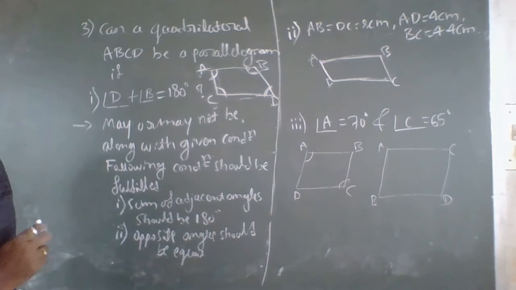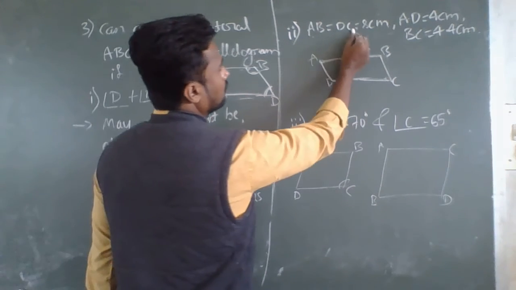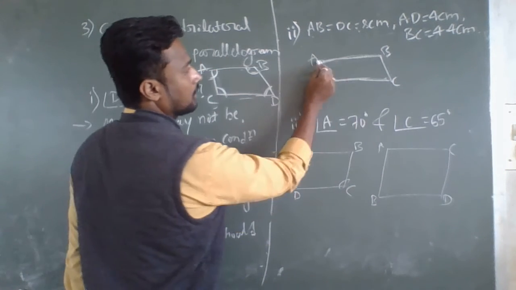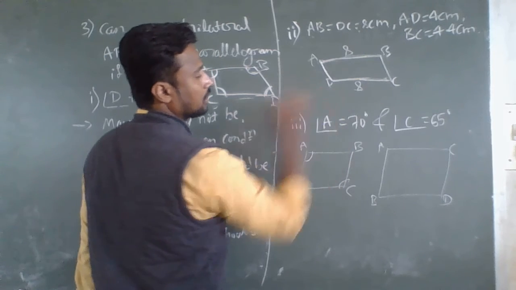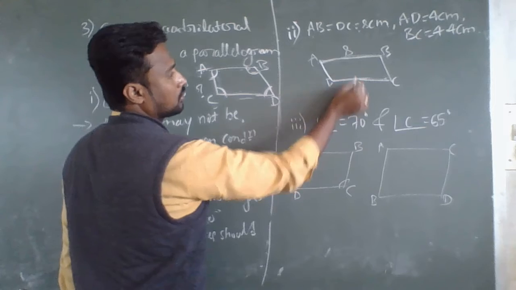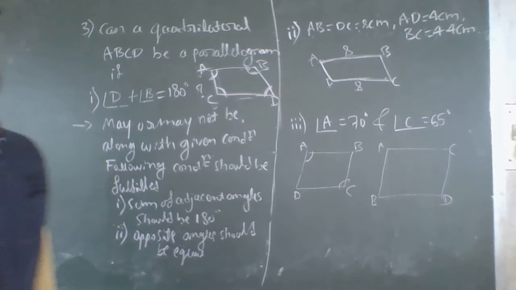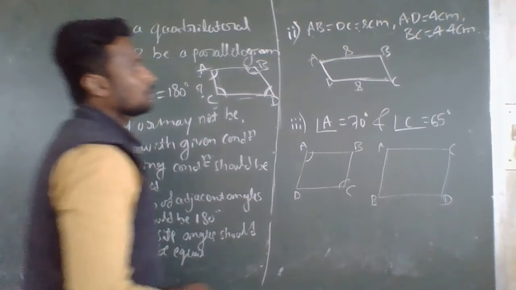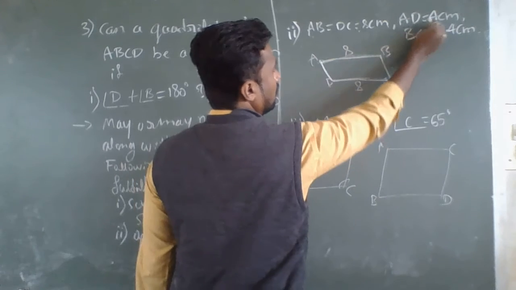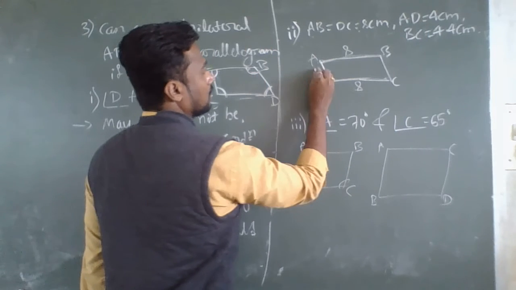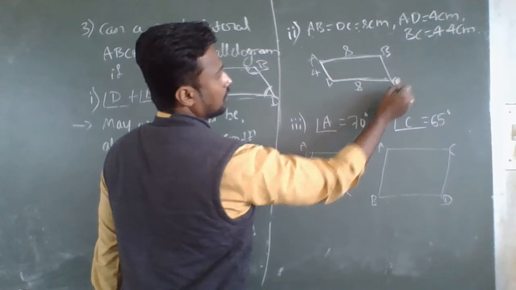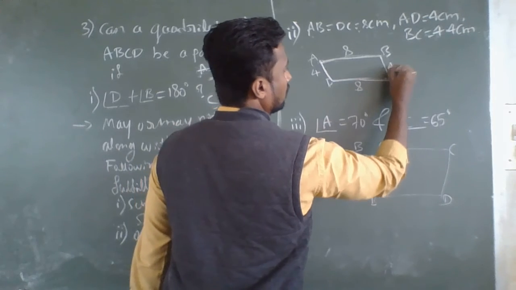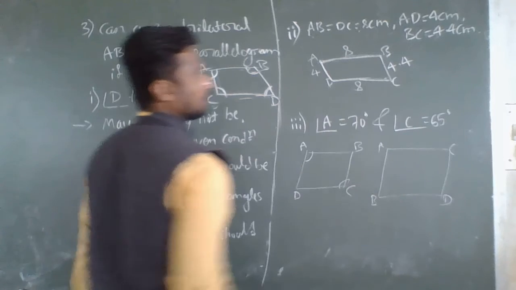Now we will check whether this is a parallelogram or not. What is given here? AB is equal to DC is equal to 8 centimeters. This AB is 8 centimeters and DC is also 8 centimeters. These two opposite sides are equal to each other. Now AD is 4 centimeters and BC is 4.4 centimeters.